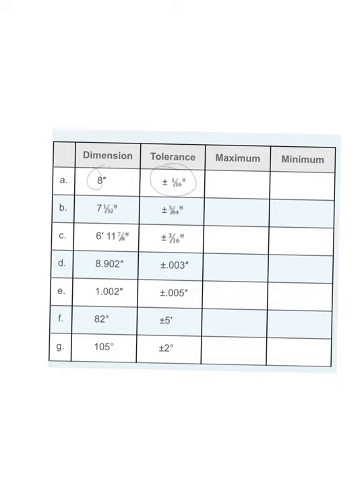So what's the maximum and minimum amounts? So we can do 8 plus or minus 1/16. So this is obviously going to be 8 and 1/16, and 7 and 15/16. Works great for math problems like that.